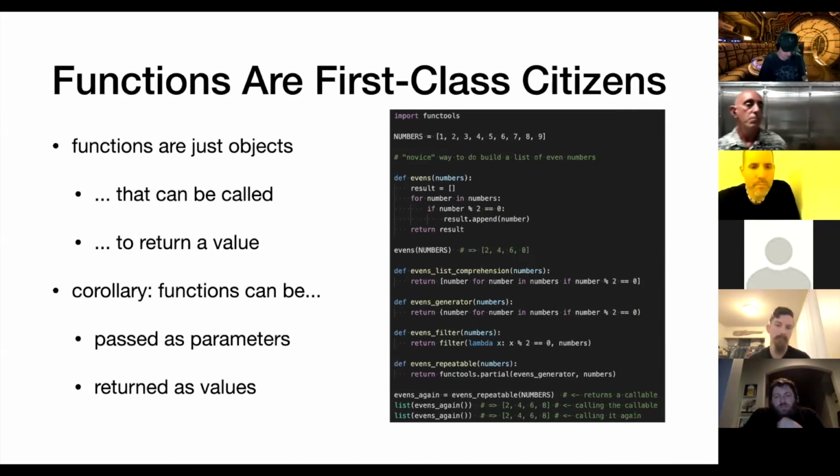Sorry, I derailed myself. Please ask the question again. So the middle there, where you have def evens list comprehension, let's say. The return, can you say return dot sort dot unique or something like that? Oh, I see what you're saying.